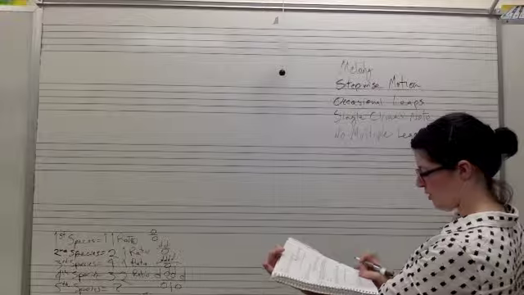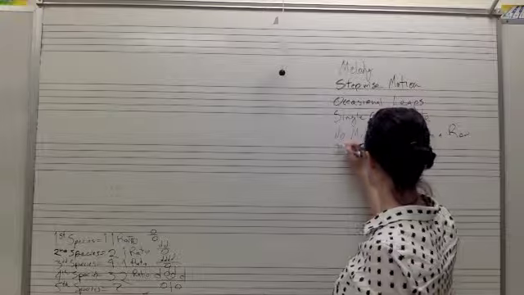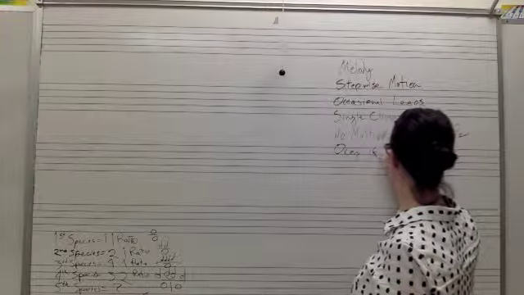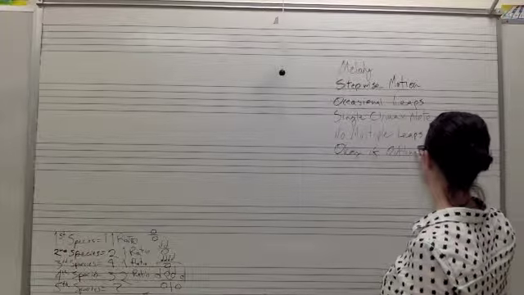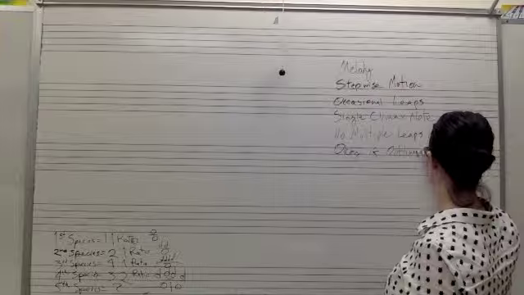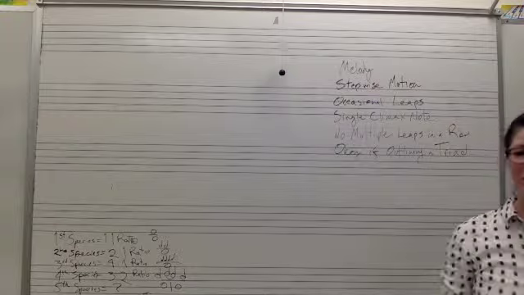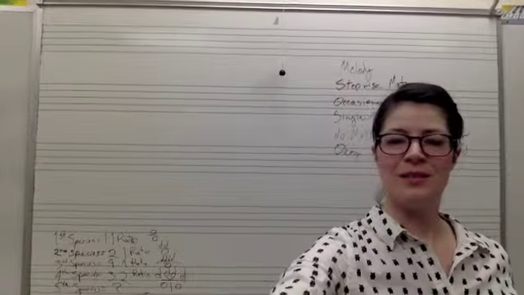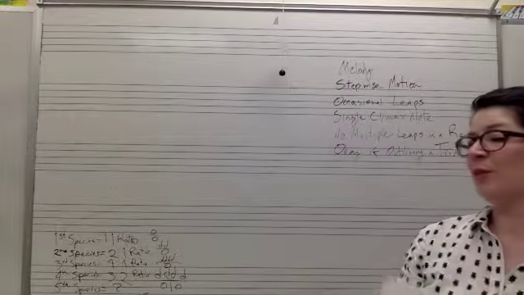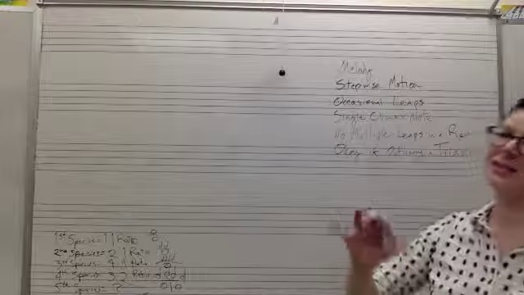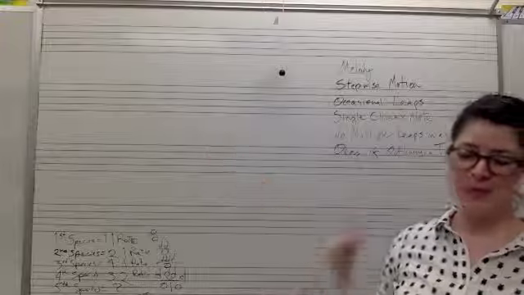So you want to avoid two leaps in a row, but it's okay if outlining a triad, but only occasionally. Hopefully these are legible. So yeah, you want to avoid two leaps in a row, but if it's outlining a triad, it's permissible occasionally. You can't do a bunch of them. You don't want that to be your whole melody, but it's permissible.